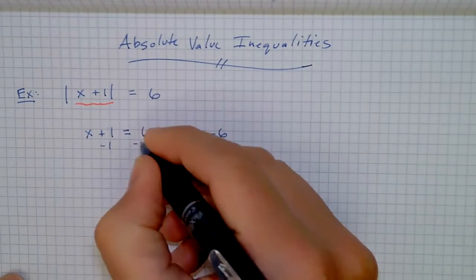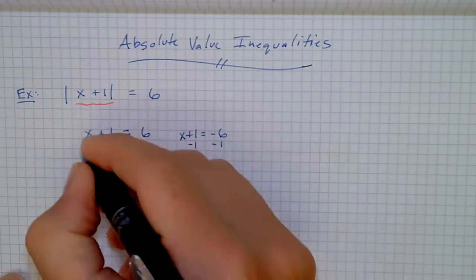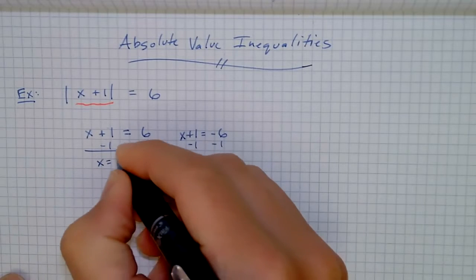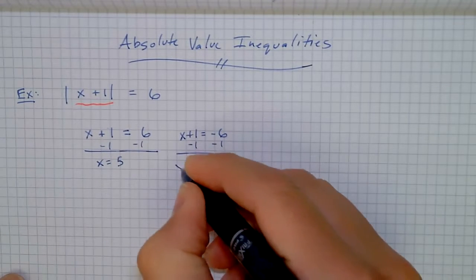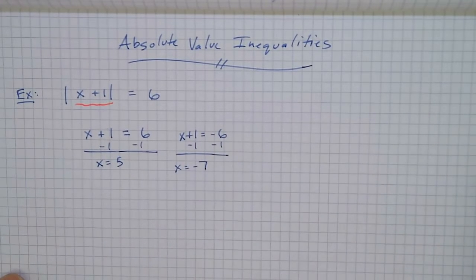So as we solve these two equations, we get x equals 5, and then we get x equals negative 7.